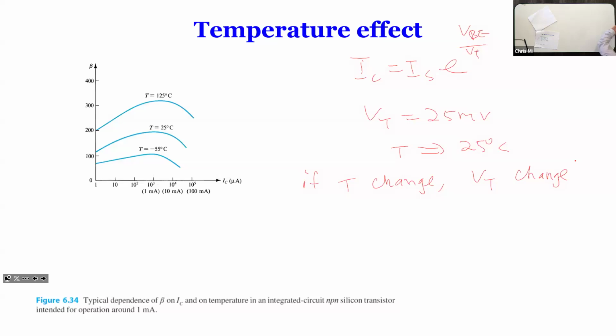This relation shows the relation between beta and IC. So you can see beta is changing as a function of IC, but also a function of temperature. So beta goes much bigger when temperature increases. So when temperature increases, beta increases.